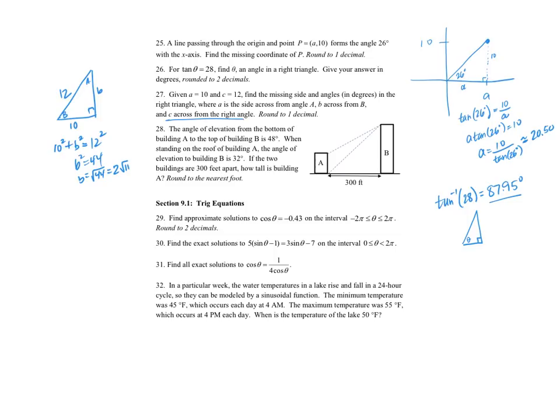So that's side B. I know that cosine of angle B is equal to the adjacent over hypotenuse. So B is equal to cosine inverse of 10/12.